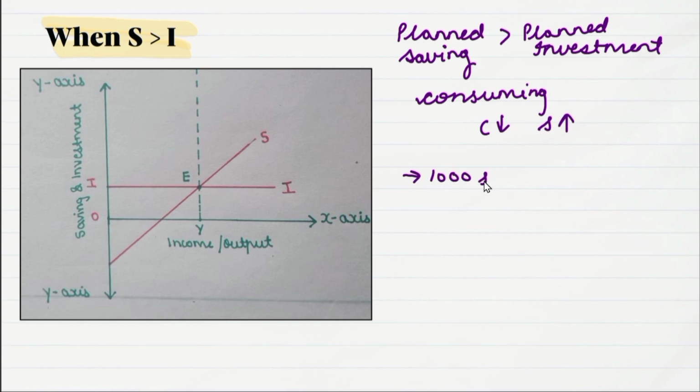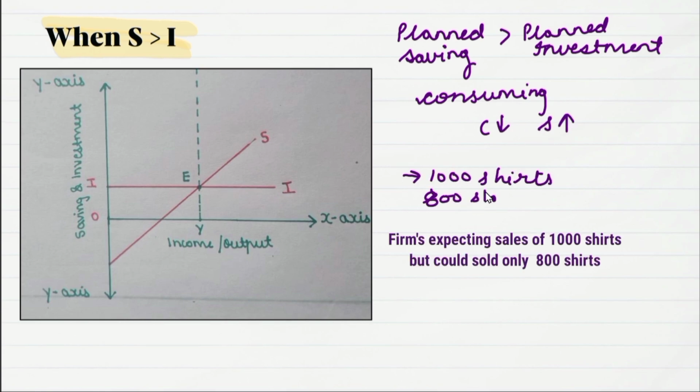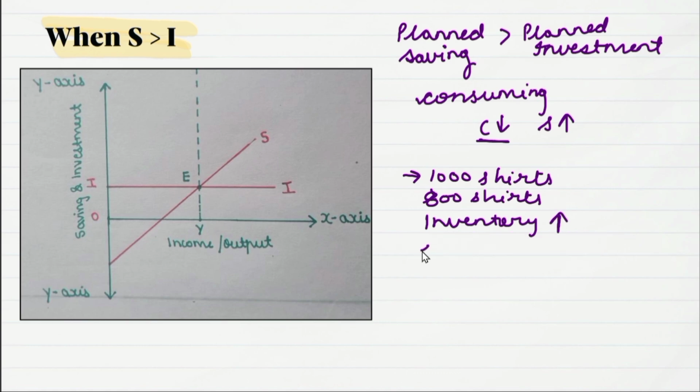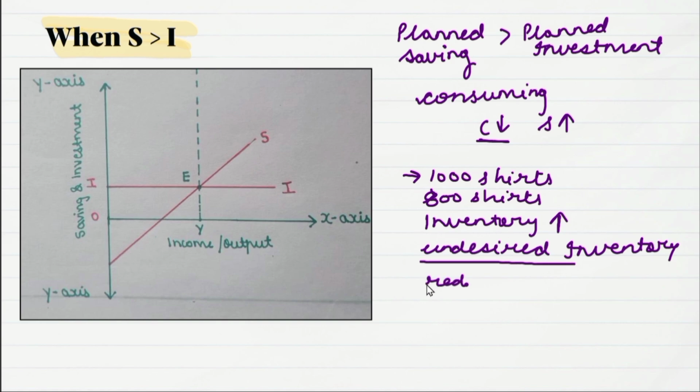If a firm is expecting to sell 1,000 shirts, in this situation what would happen? The inventory would rise above the desired level. When inventory rises above the desired level, it is undesired inventory. Now to clear this unwanted increase in inventory, the firm would plan to reduce production until equilibrium is established.